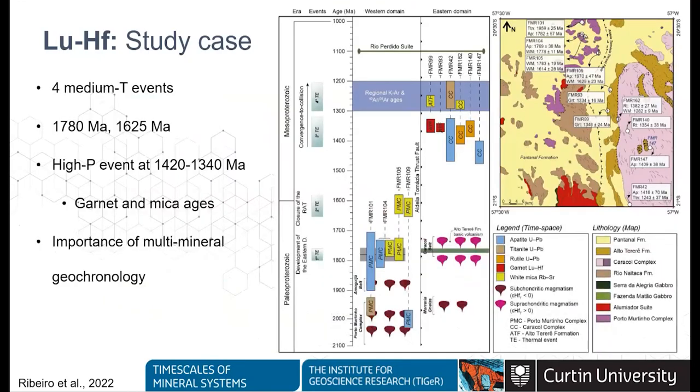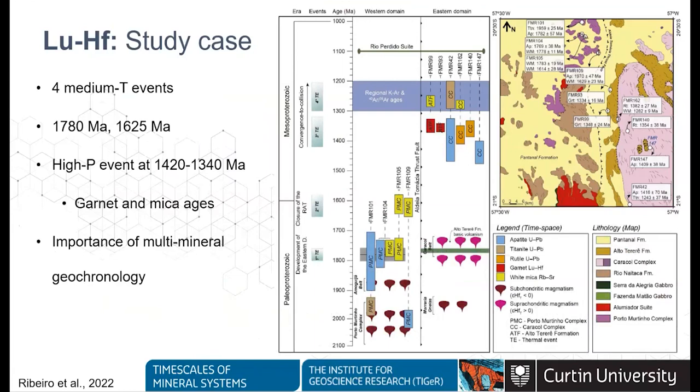As a summary of my paper, we figured out there were 4 medium temperature events that were missing before. The first one was 1780 million years. The second one was revealed by in situ rubidium strontium in micas at 1625 million years, which is pretty much the closure of the two domains of the terrain.